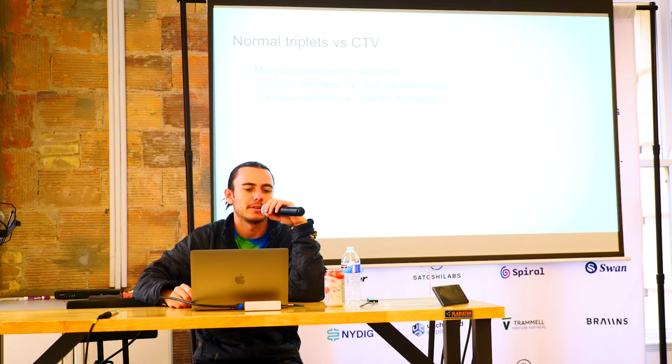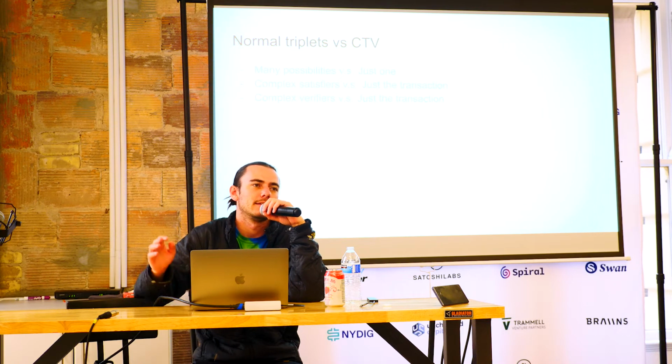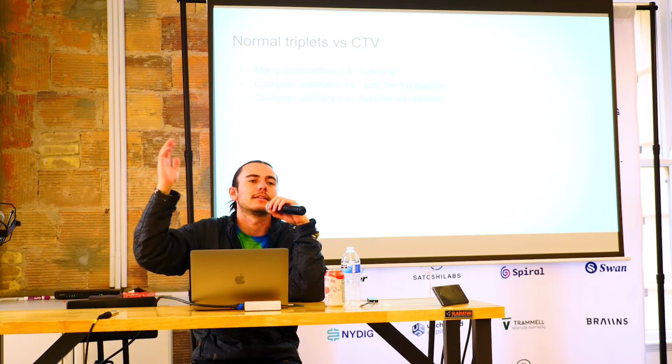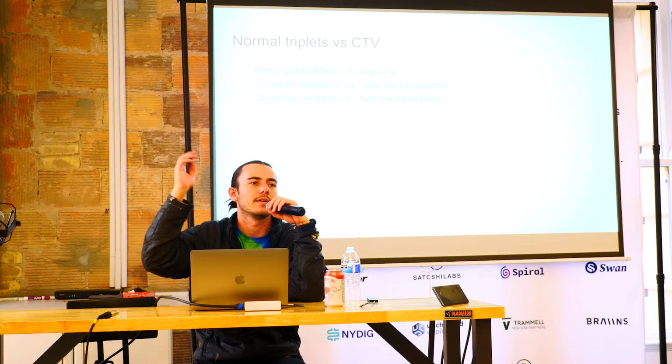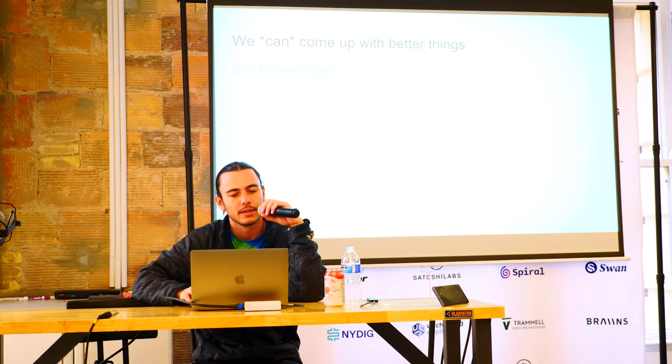With normal triplets, you'd want many possibilities. Nah, CTV is just the one. Complex satisfiers, nope, just the transaction. Complex verifiers, nope, it's just the transaction. I think this is why people maybe hate on it, because they think this is so stupid, we can obviously be smarter than this. Well, sometimes stupid is the smartest thing. So what's the cost of these smarter things? A lot of complexity.